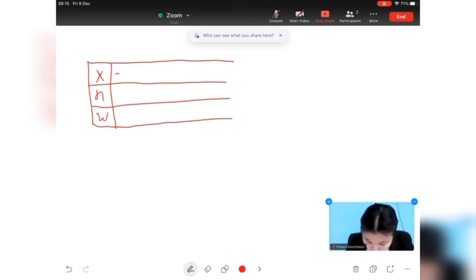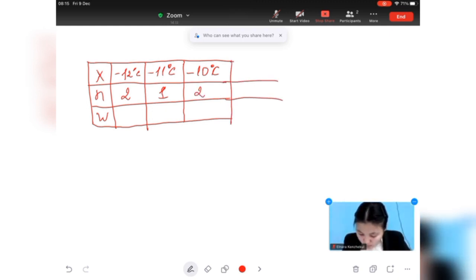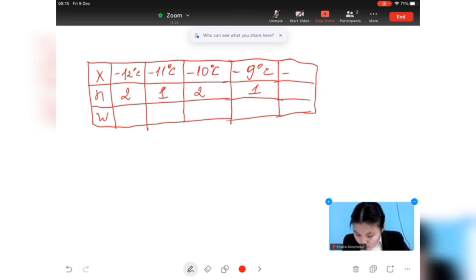Minus 12 degrees Celsius has absolute frequency 2, minus 11 degrees equals 1, minus 10 degrees Celsius equals 2, and minus 9 degrees Celsius equals 1, and minus 7 degrees Celsius has absolute frequency 2.